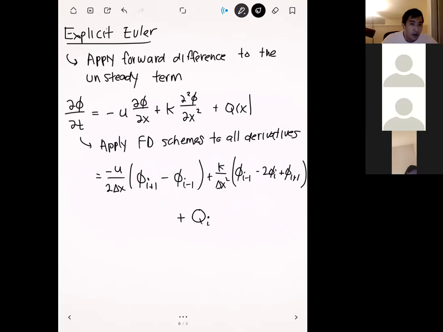And so now let's apply our forward difference scheme to the time derivative. Okay. And so remember, forward difference scheme, we have phi minus phi. Okay. And then we're going to divide by the spacing. But now since we're working with time, we're going to divide by delta t instead of delta x, where delta t here is just going to be our time step size.